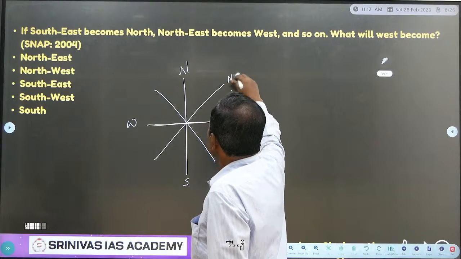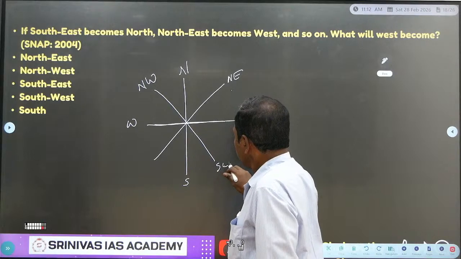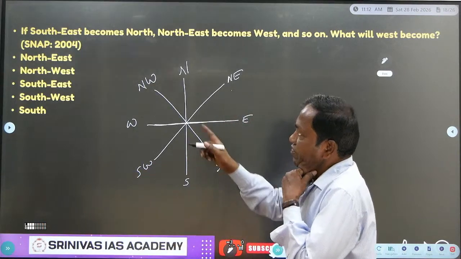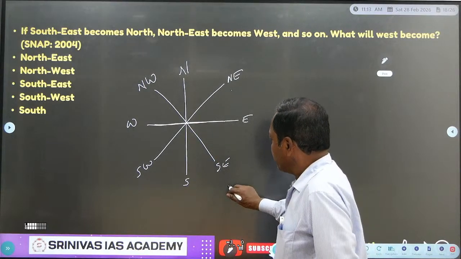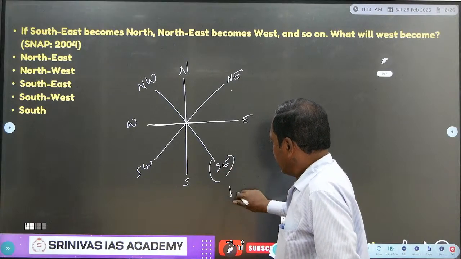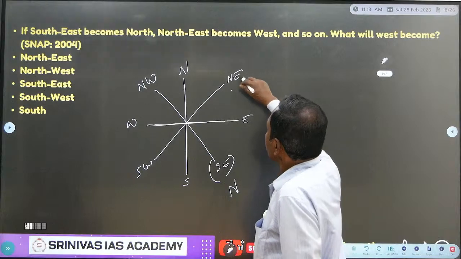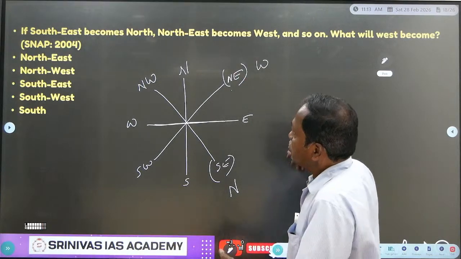This is northeast, this is northwest, this is southeast and southwest. This is the original direction. If southeast becomes north, northeast becomes west, and so on, you have to do the process.